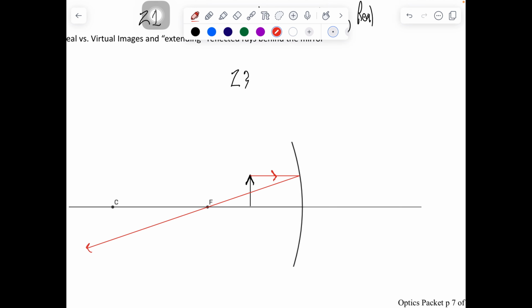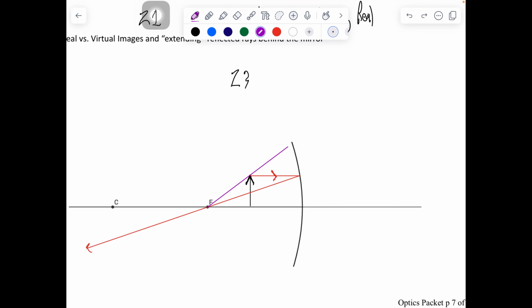But what about the second line? Going through the focus and then bouncing horizontal. Well, we can't draw a line from the top of the arrow through the focus like this. That's not going to work. What we want to do instead is actually start at the focus and use this to guide us.